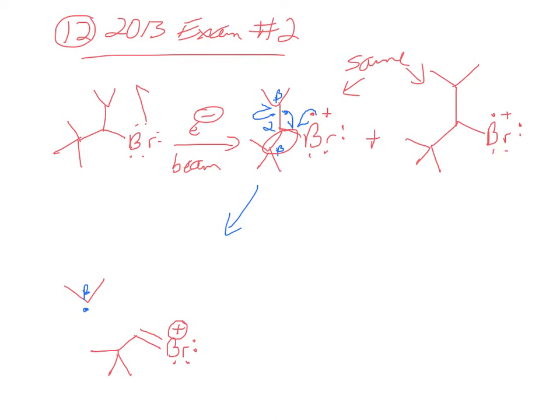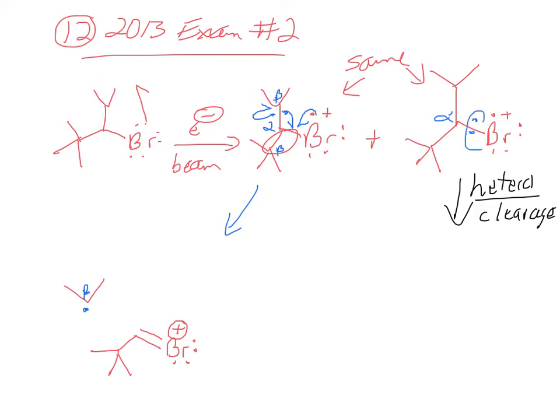The other thing we wanted you to do was a heterolytic cleavage. That means you move 2 electrons at a time. In this case, we're breaking the bond between the alpha carbon and the bromine. In the other case, we broke the bond between the alpha and the beta carbon. Now we're going to break the bond between the alpha carbon and the thing that lost an electron originally.